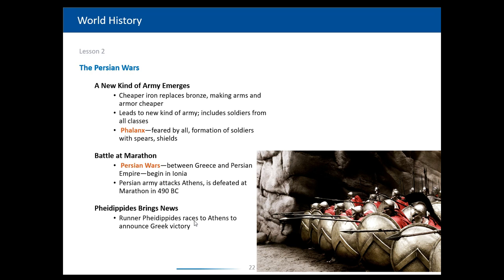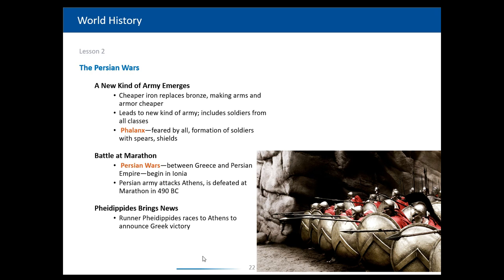The battle in Marathon, and this was a very important battle. The Persian Wars between the Greeks and the Persians began in Ionia. The Persian army attacks Athens and is defeated at Marathon in 490 BC.